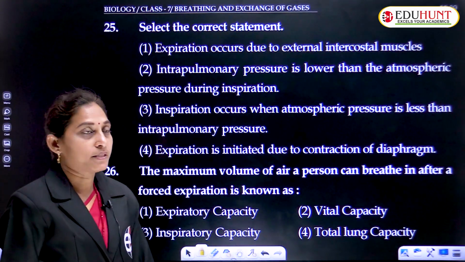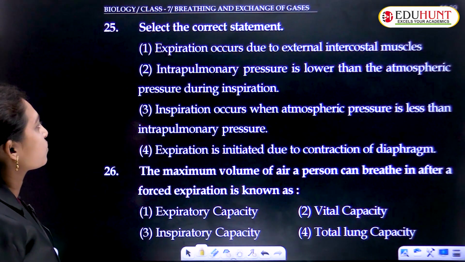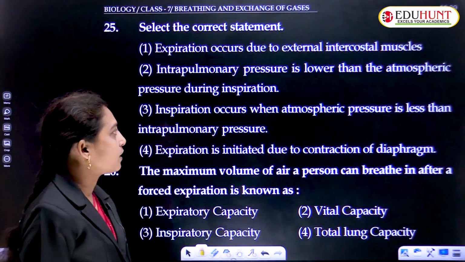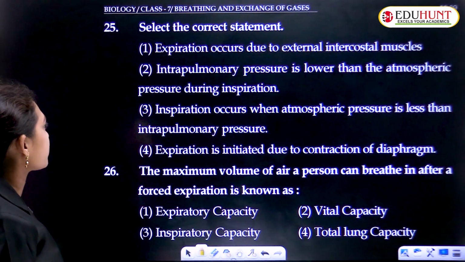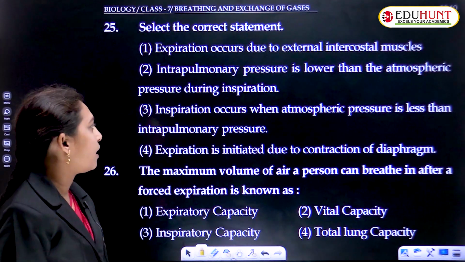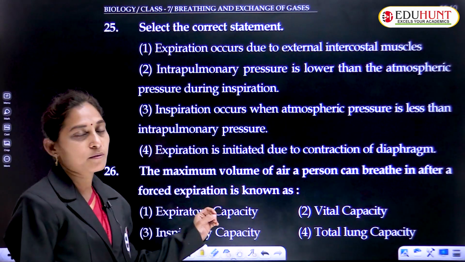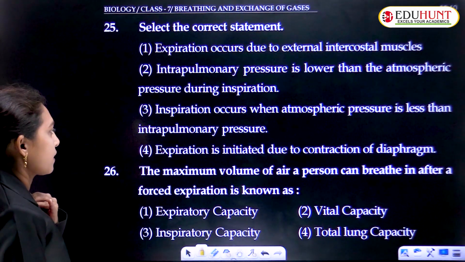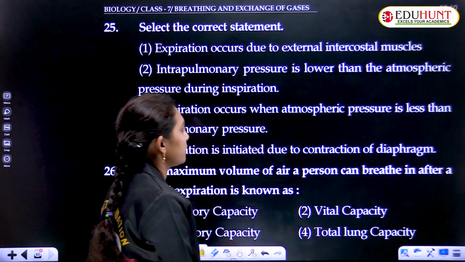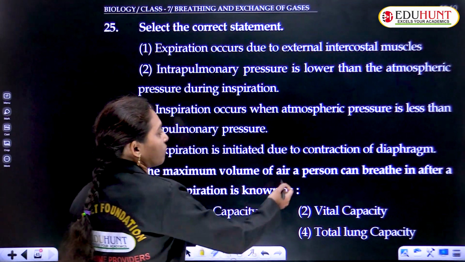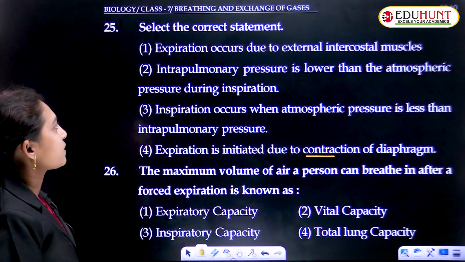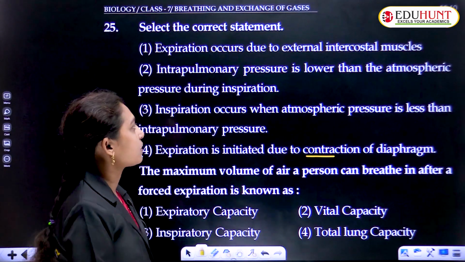Select the correct statement. Expiration occurs due to external intercostal muscles. Intrapulmonary pressure is lower than the atmospheric pressure during inspiration. Inspiration occurs when atmospheric pressure is less than intrapulmonary pressure. Expiration is initiated due to contraction of the diaphragm. The last one is not contraction, so let's take the others. First one, expiration occurs due to external intercostal muscles.